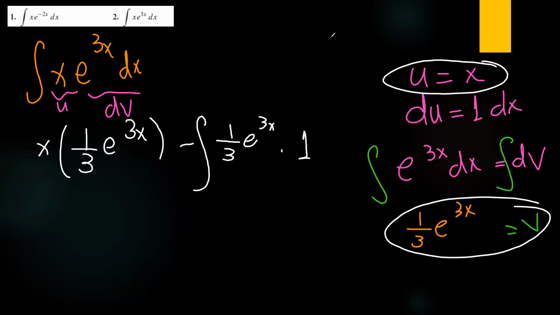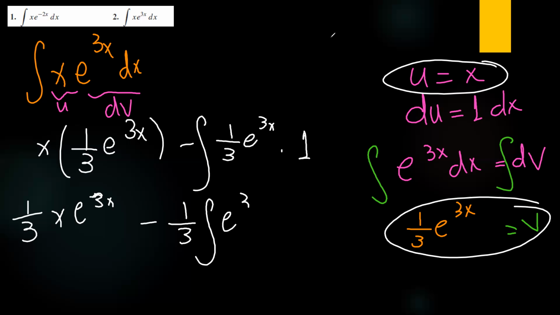So then it will be 1 over 3 x e to the power 3x minus 1 over 3 integration of e to the power 3x dx.